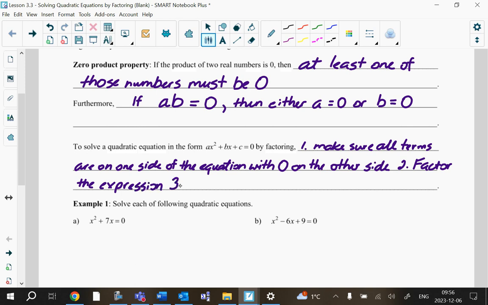Three, set each factor equal to 0 to find your solutions, or roots. Remember, we said roots is another word for solutions. That's the method, and we'll do some examples. Hopefully you'll see how it works. Give you a chance to get that down.